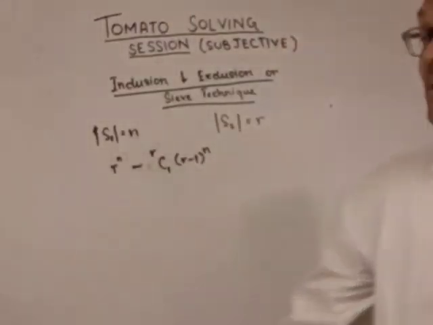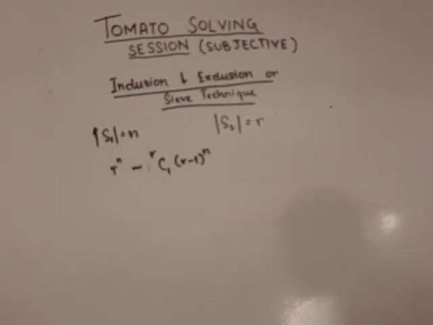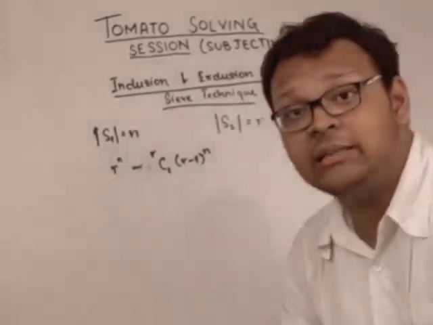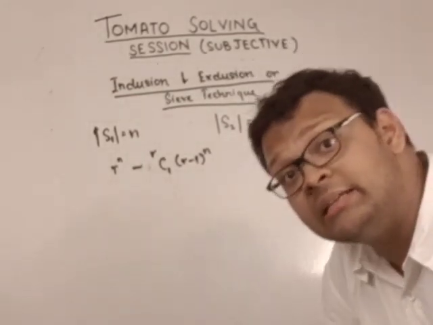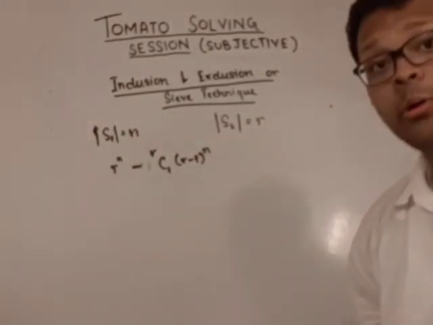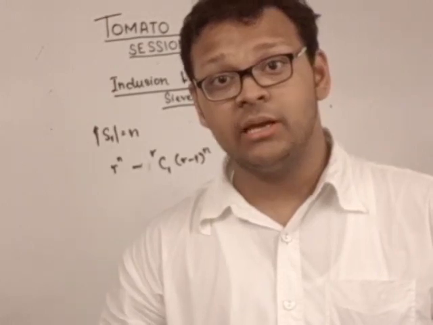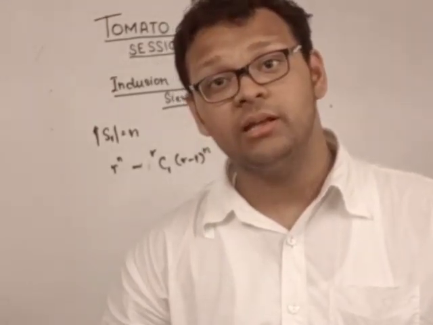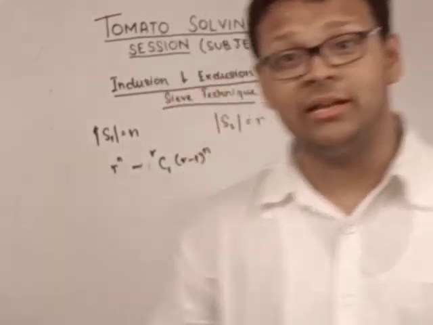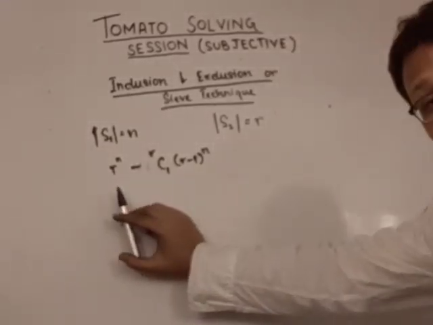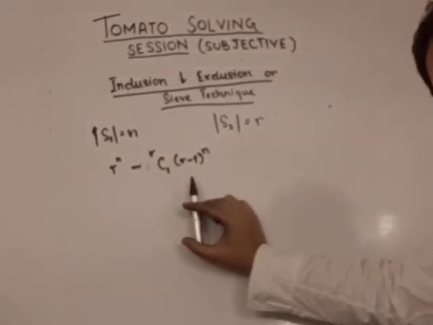So include what is needed. The number of total functions is included, minus the case where one box is empty. That doesn't form an onto function, so that is excluded. But oh no, we have missed something in this process. If two boxes are left empty, those we need to add back. So include what's needed, exclude what's not needed.